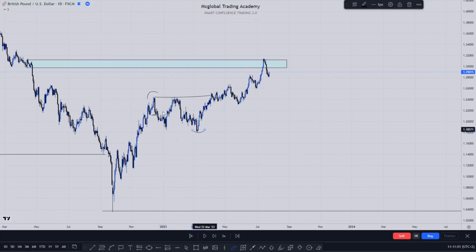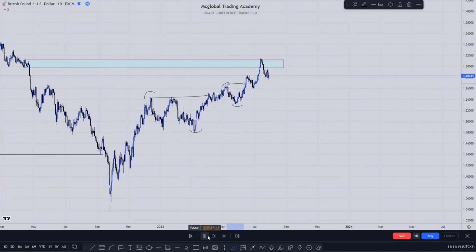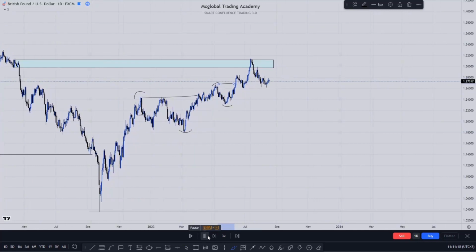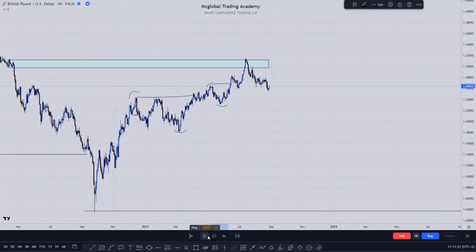This was a low here because it broke structure there. This is a high because it also shifted internal structure. This is a higher low like this. So let's follow internal structure. Where it's going to shift, that level is our external structure lower high. Once we have an external structure lower high, we're now targeting all the way to the downside like this, right?